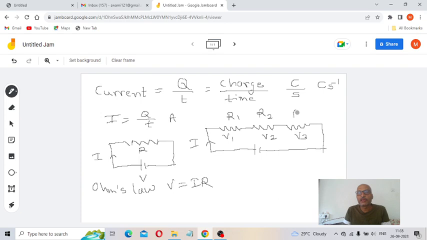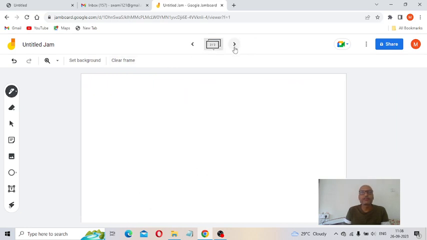Just for the sake of revision, V equal to V1 plus V2 plus V3. So the effective resistance Rs will be equal to R1 plus R2 plus R3, and the current flowing through each resistance remains the same.